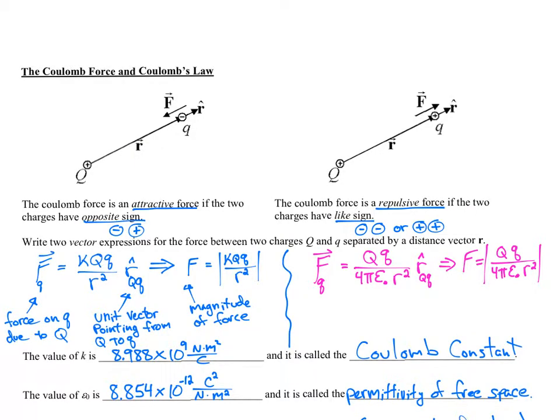All right, next page, Coulomb force and Coulomb's law. If you have two opposite charges, like a positive and a negative, they attract each other. So the force on the negative charge would be towards the positive. The force on the positive charge would be towards the negative charge.